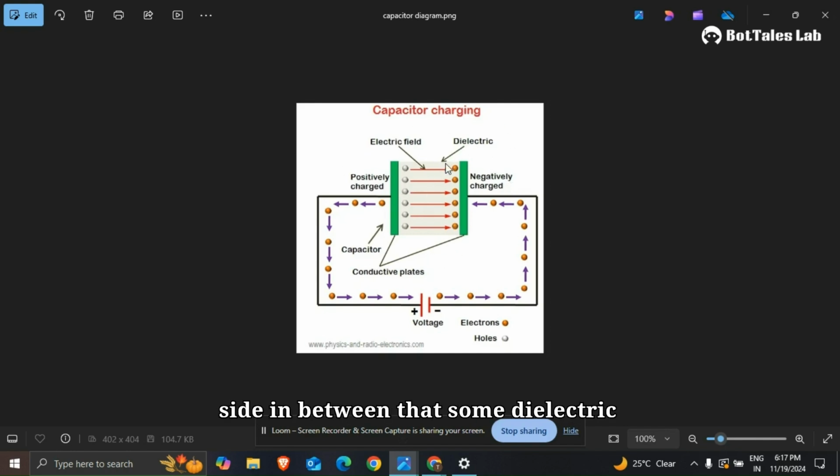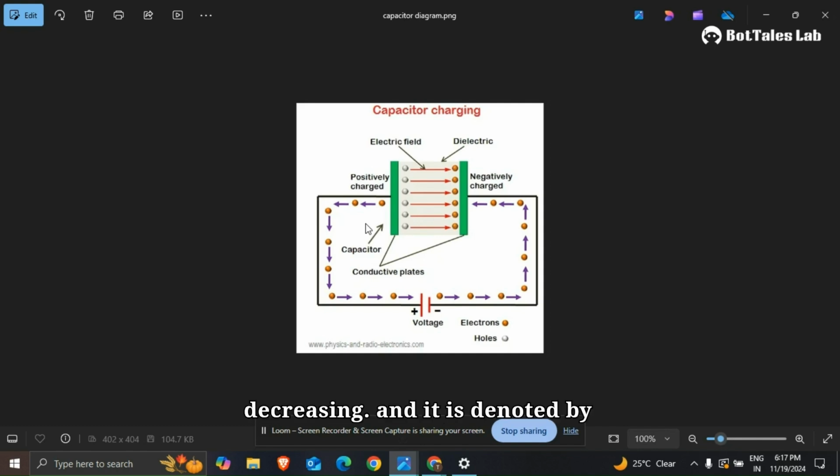In between that, some dielectric material will be there which will have holes and electrons. As we supply some electricity to that capacitor, that is, we connect some source to it, electrons and holes will start moving. That is, our capacitor will start charging. And as we remove the source or battery from it, our capacitor will start discharging.